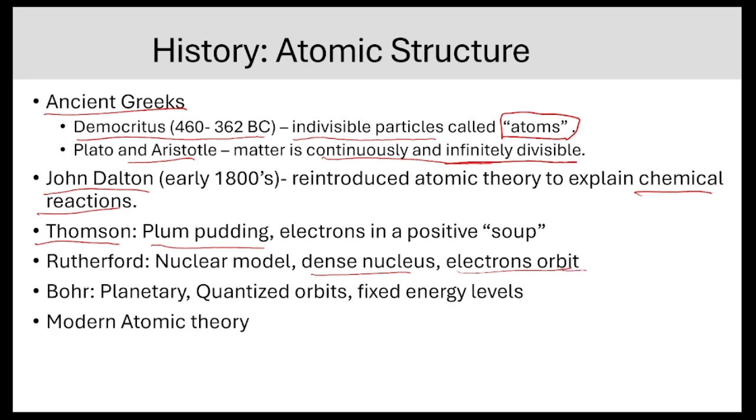To overcome the limitations of Rutherford's model, Niels Bohr proposed a refined planetary model, introducing the idea of quantized, fixed energy levels of electron orbits.